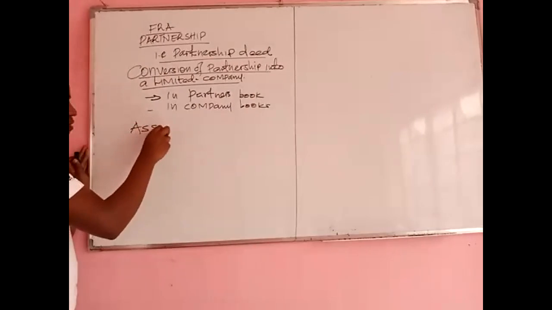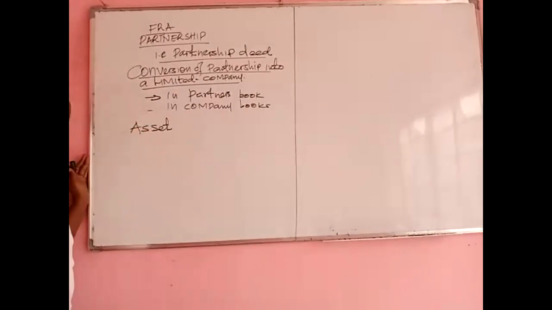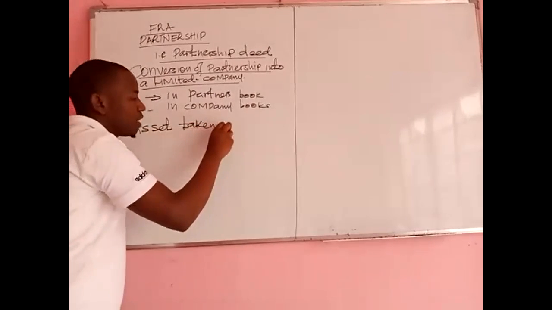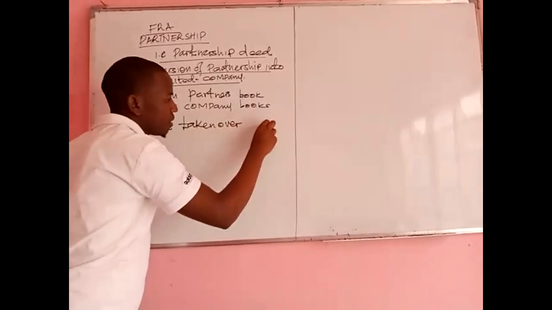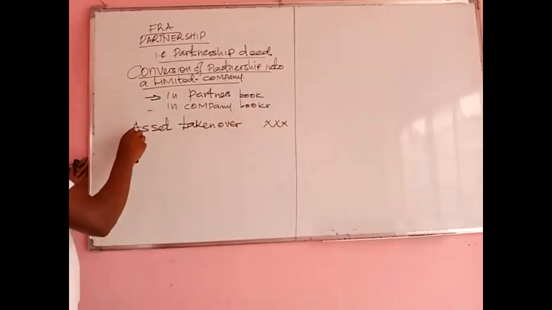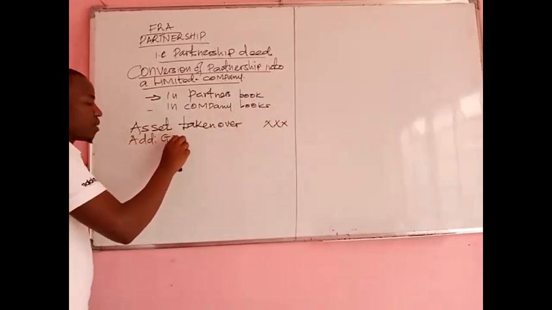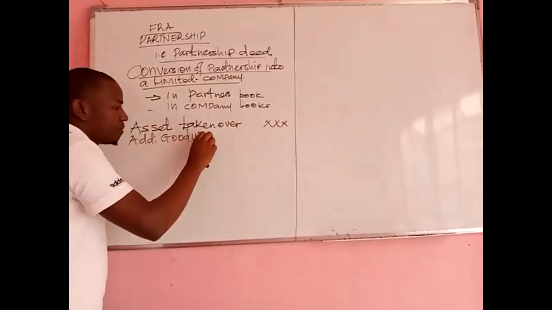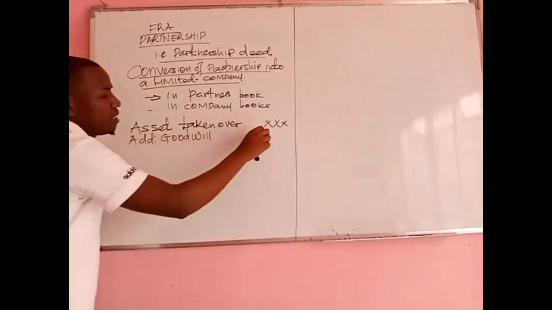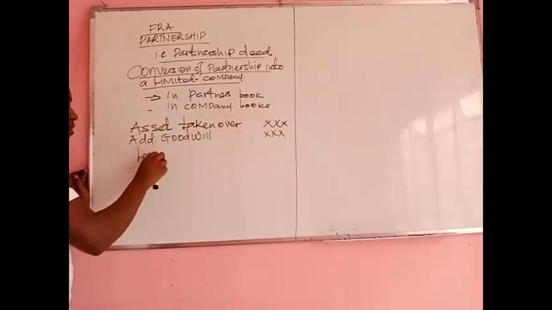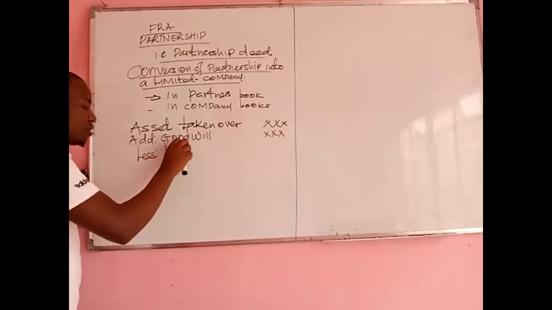Purchase consideration. Now, to get the purchase consideration, we take the assets taken over, and then you add the goodwill. And then you less the liabilities taken over.